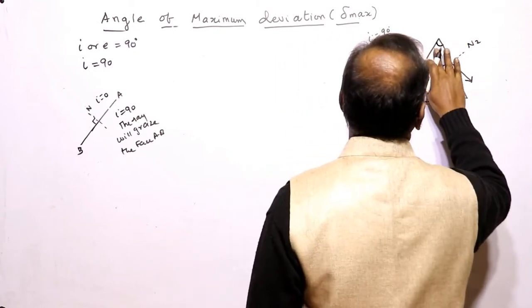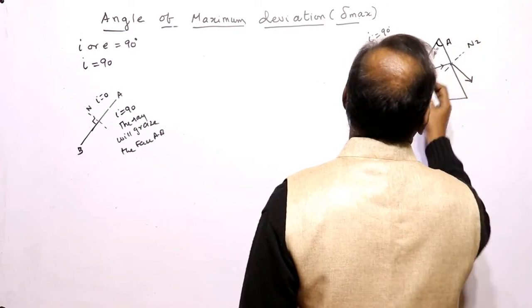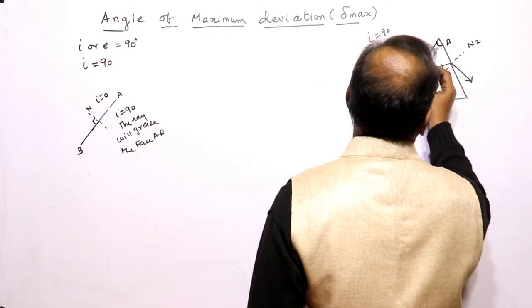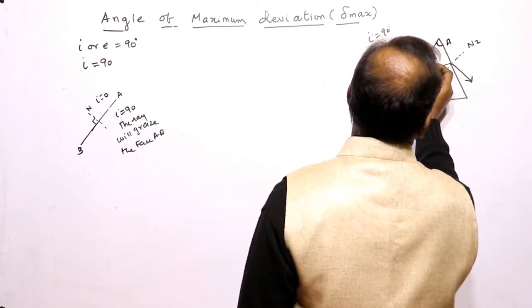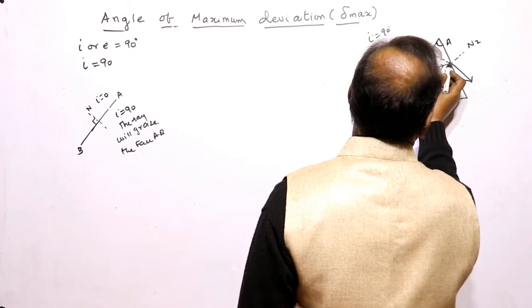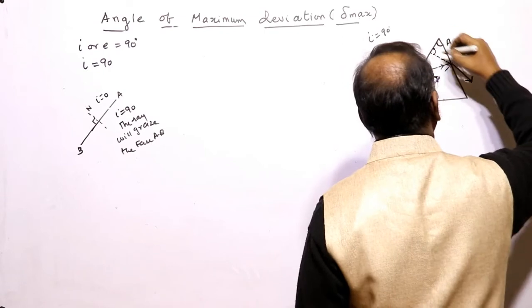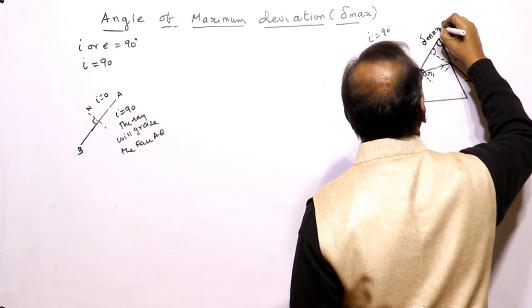And what about the maximum deviation? This is the path of the incident ray, and the angle between the incident ray and the refracted ray is the deviation, which is rho maximum.